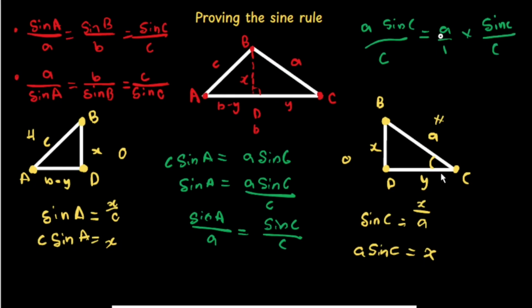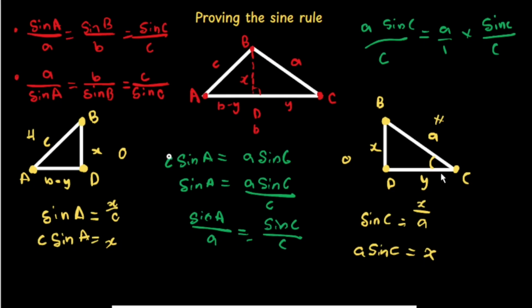Now, if I expand this out, you can see quite easily how I obtain sine A over A by dividing both sides by A. Because if I divide A times sine C over C by A, the A would cancel. That will leave me with this formula right here.